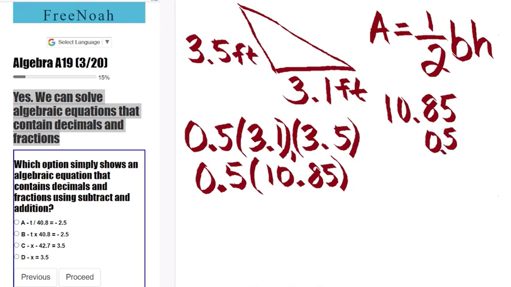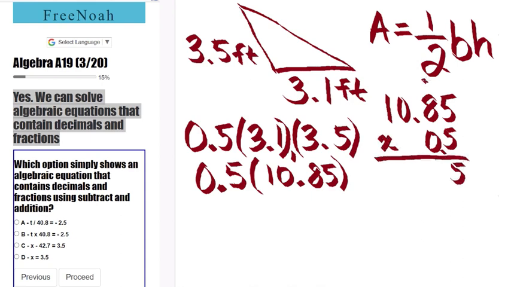Looks good. Perfect. So we're going to multiply 10 and 85 hundredths to acquire the base now of the triangle by half.